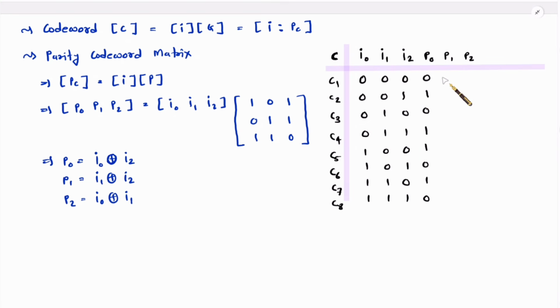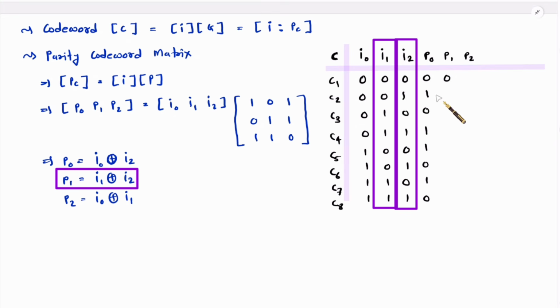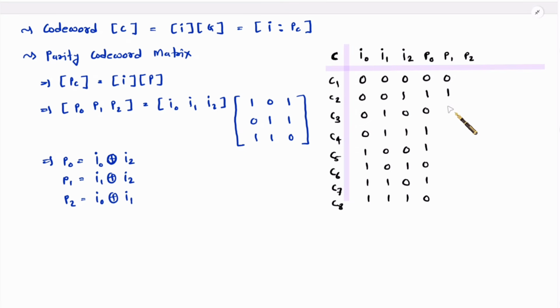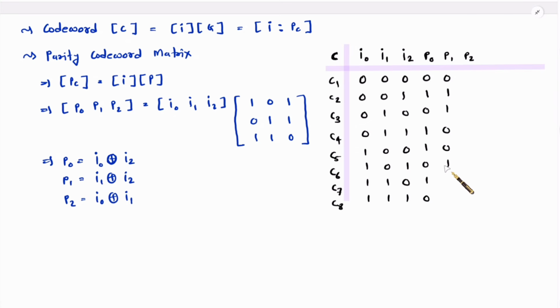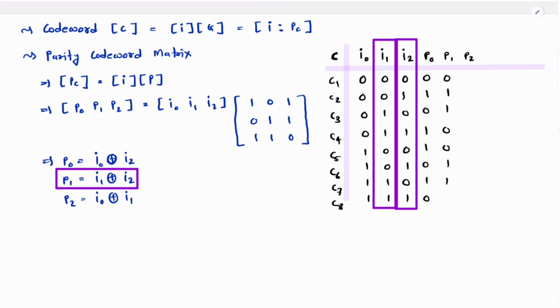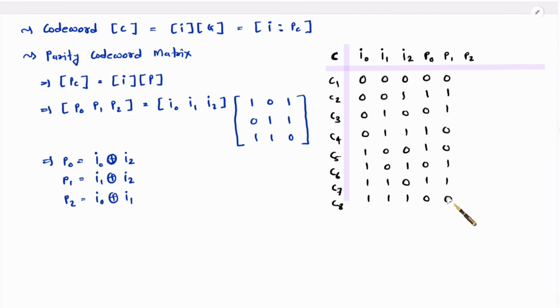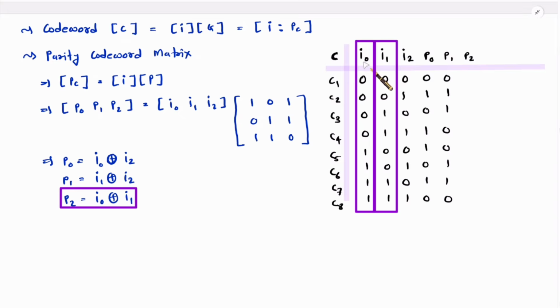So 000, 011, 101, 110, 000, 011, 101, 110. And if you observe P2, then P2 is I0 XOR I1. So P2, that is I0 XOR I1.